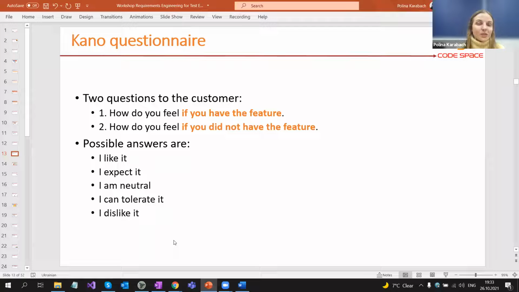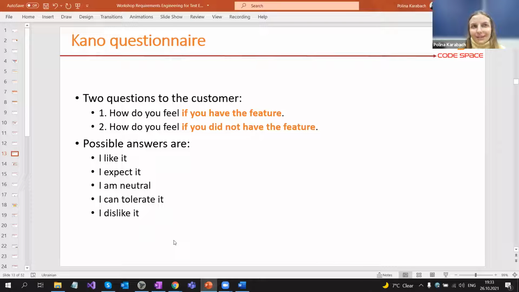And then let's see a little bit further the technique of how we categorize the features. For instance, we have a number of features in our product backlog, and we want to understand which technique to choose. So we want to understand which category this feature belongs to the most.